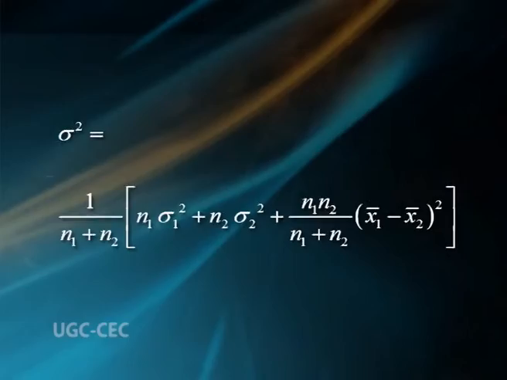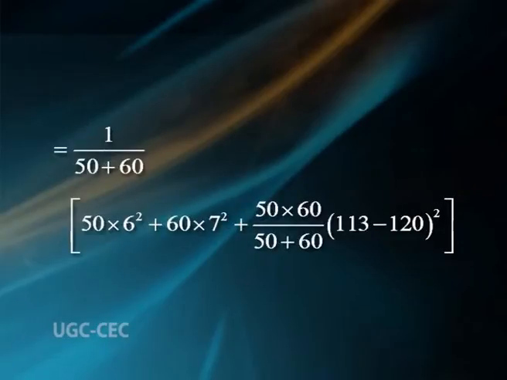The square of the standard deviation of the combined set, sigma square, equal to 1 by n1 plus n2 into n1 sigma 1 square plus n2 sigma 2 square plus n1 n2 by n1 plus n2 into x bar 1 minus x bar 2 square. That is equal to 1 by 50 plus 60 into 50 into 6 square plus 60 into 7 square plus 50 into 60 divided by 50 plus 60 into 113 minus 120 square.